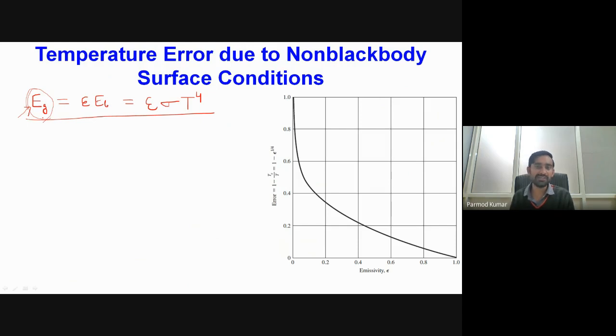However, how to measure this value of Eg, we will see in our subsequent lecture. Probably in our next lecture we will discuss measurement of thermal conductivity, and immediately after that we will see how to measure the radiative flux. Okay, so in that lecture we will see the measurement of this value Eg.